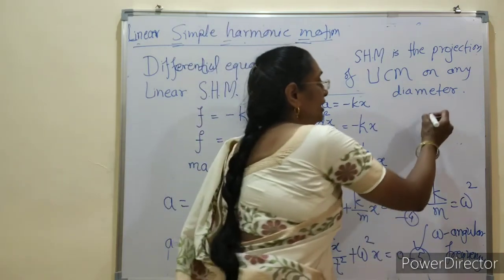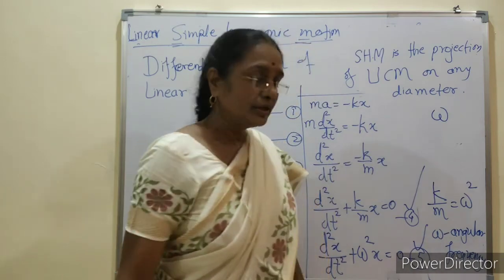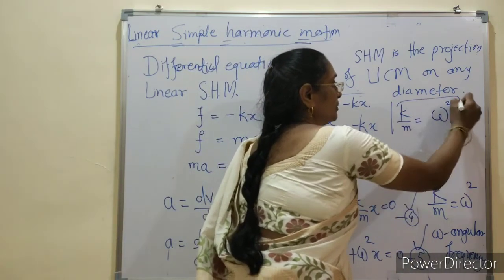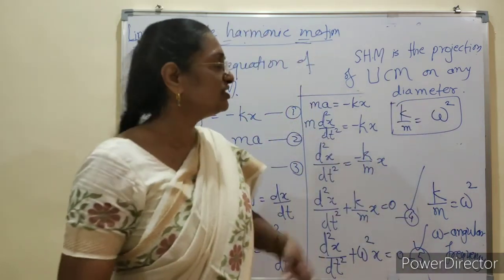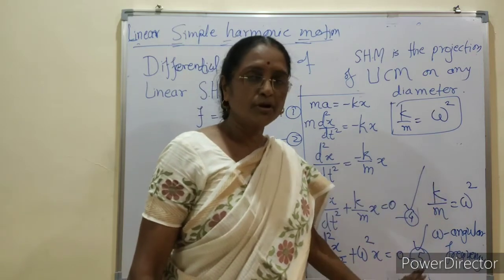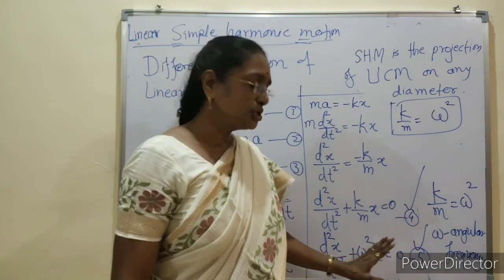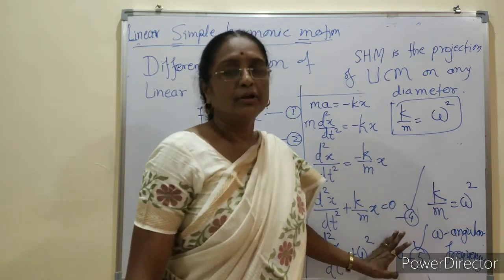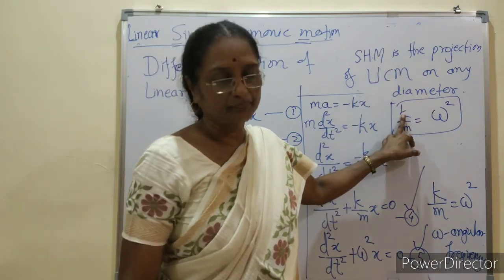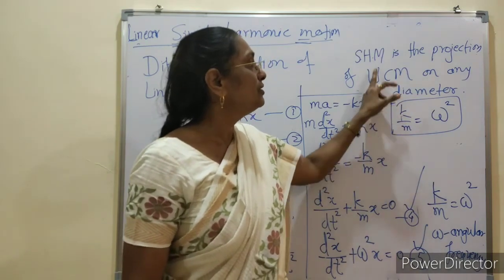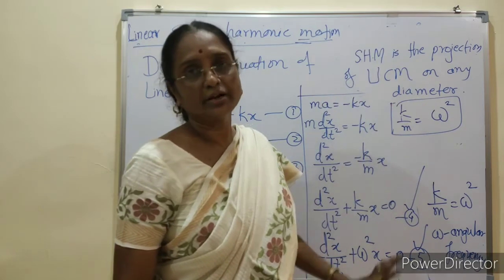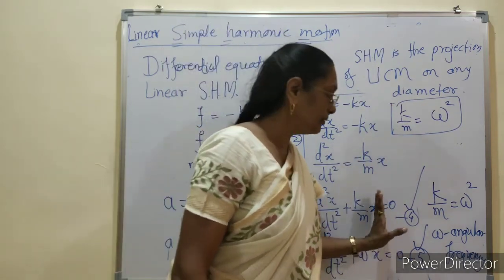Then we relate the term omega. K upon m we have taken as omega square. So here there is a relationship between S.H.M and UCM. Therefore we have taken that term. But at this stage you remember that term, and we will understand it when we take up this point. Actually in this syllabus this point is deleted. Still we have to consider that point and then we will go further.